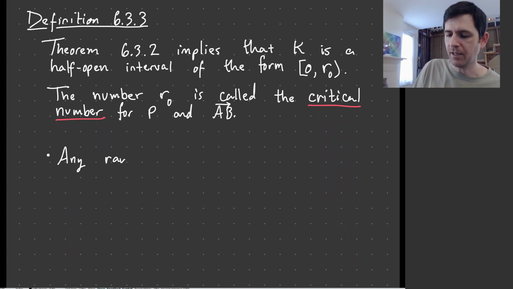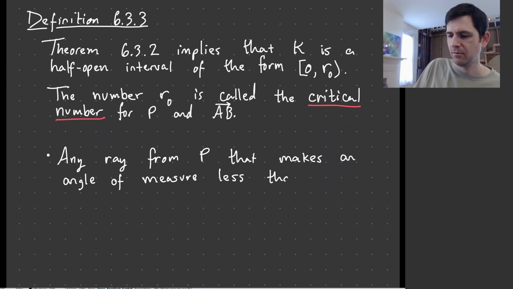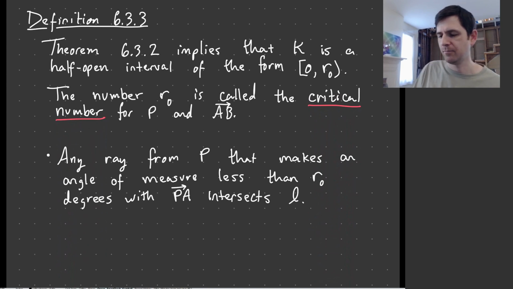First of all, any ray from P that makes an angle of measure less than R naught degrees with PA intersects L, as I just said a minute ago.